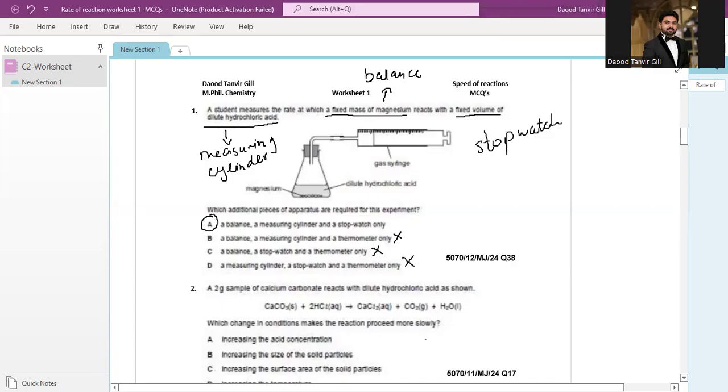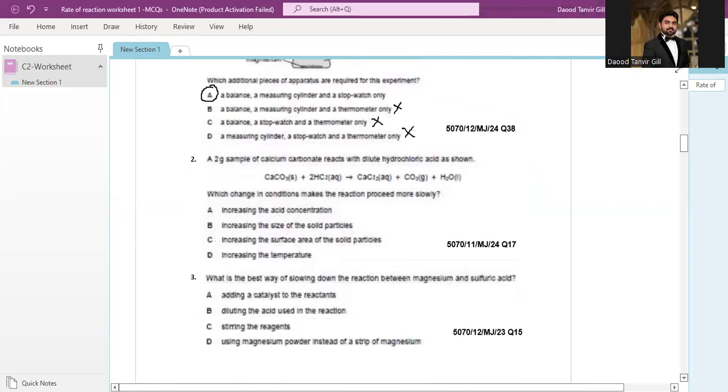Right. In question number two, a reaction has been shown between calcium carbonate and HCl. So the question is asking which change in conditions makes the reaction proceed more slowly. So we have to focus on the condition that will slow down this reaction. I'm underlining the question requirement.